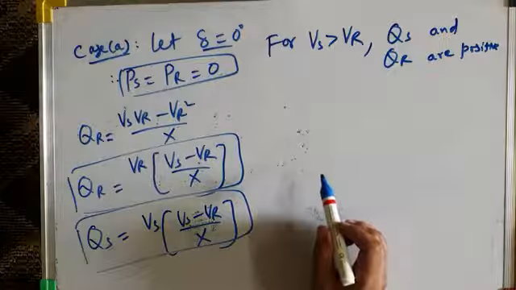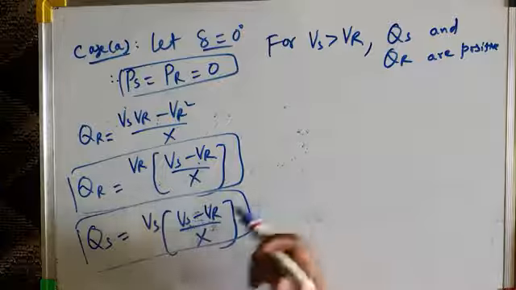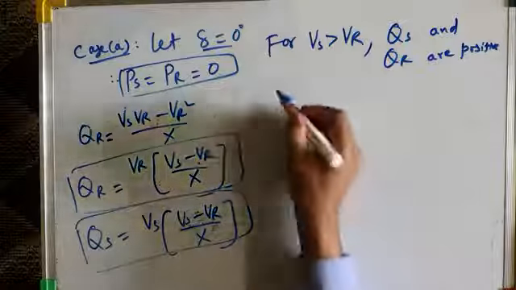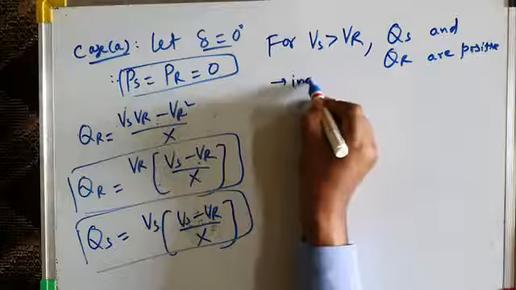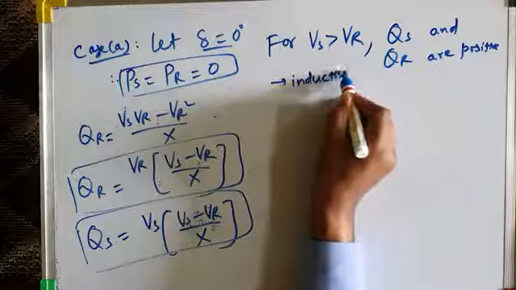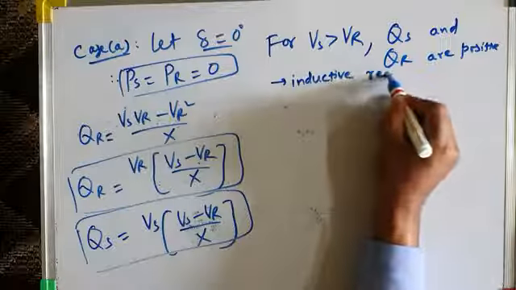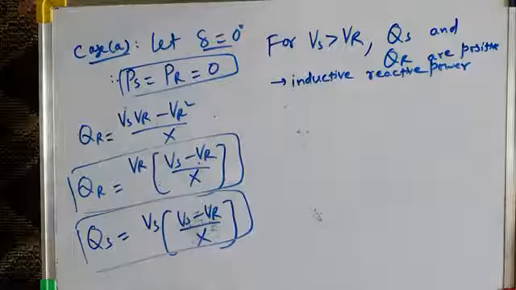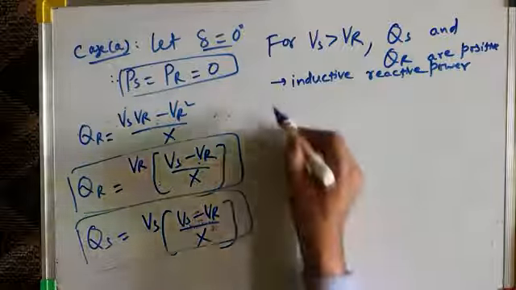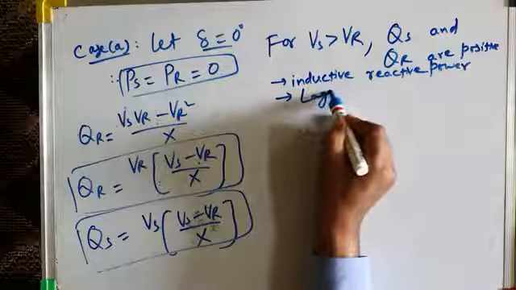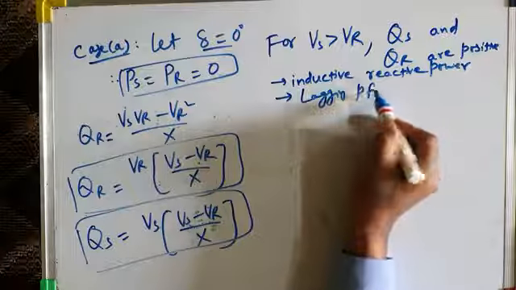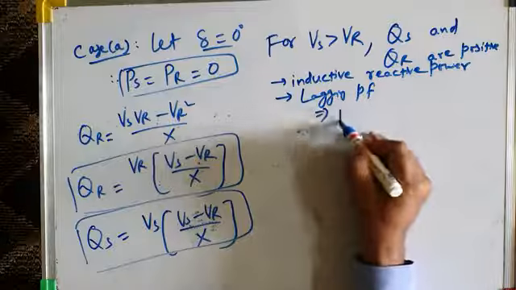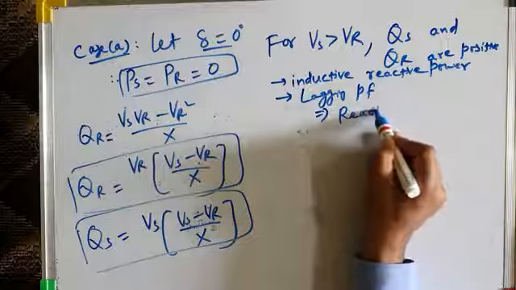And positive means there is a lagging power factor. I mean, positive reactive power means inductive reactive power. From circuit theory we know that positive reactive power means inductive reactive power. There are two types of reactive powers, inductive reactive power and capacitive reactive power. Whenever there is inductive reactive power, that means there will be lagging power factor operation, which means reactive power is absorbed.